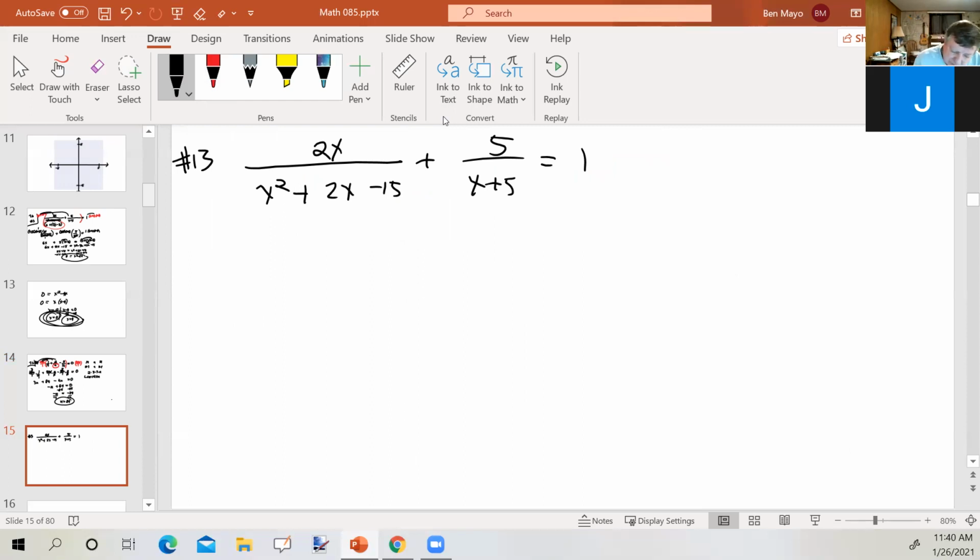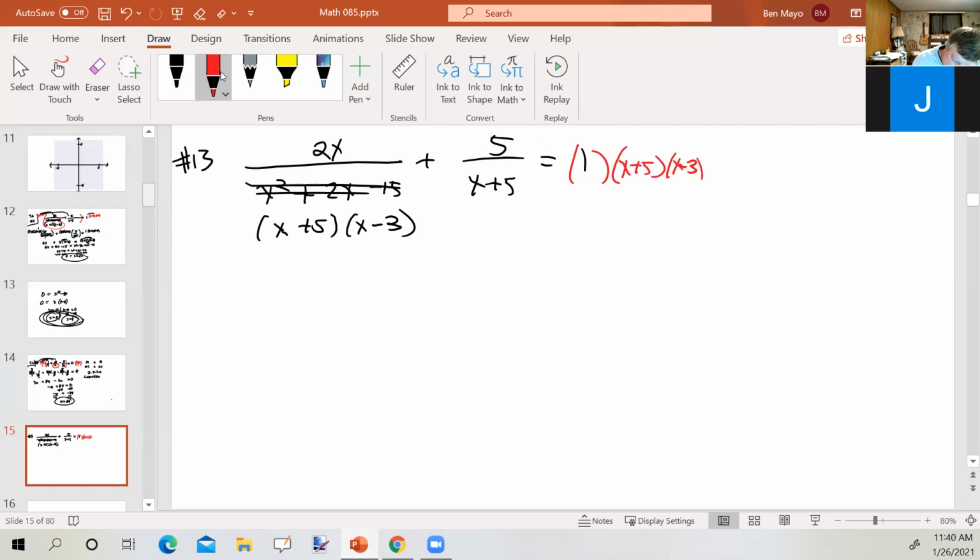I'm going to factor the first denominator, and it's going to be x plus 5 times x minus 3. Okay. So my LCD is going to be x plus 5 times x minus 3. So I'm going to multiply this side by x plus 5 times x minus 3, and this side by x plus 5 times x minus 3.